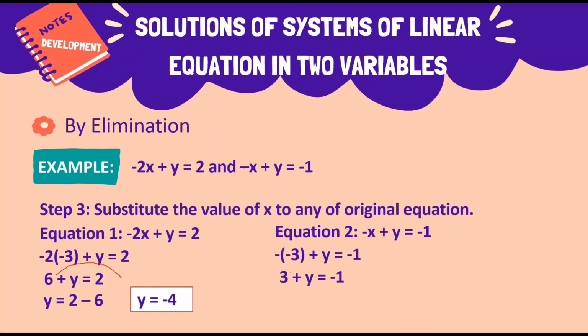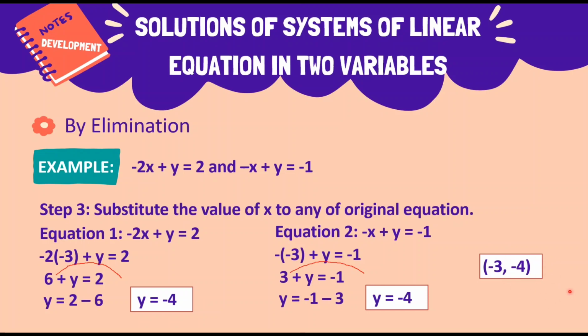Again, let us transpose 3 to the other side of the equation, so it becomes negative 3. So we have y is equal to negative 1 minus 3, and negative 1 minus 3 is equal to negative 4. As you can see, we got the same value of y. Therefore, our solution set is negative 3 and negative 4.